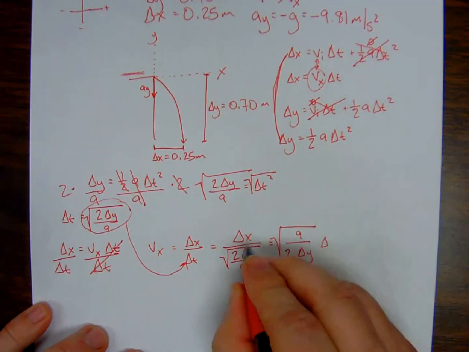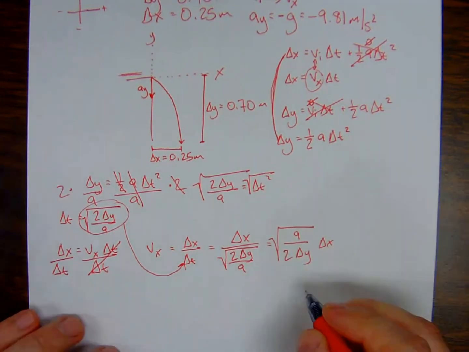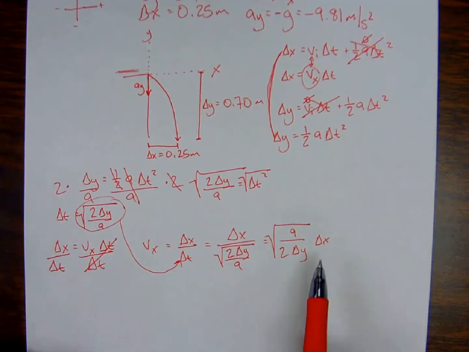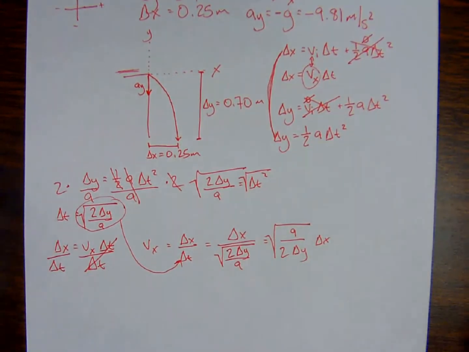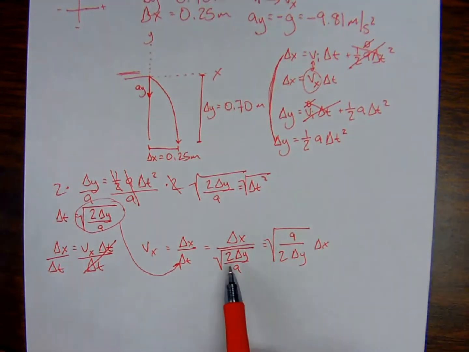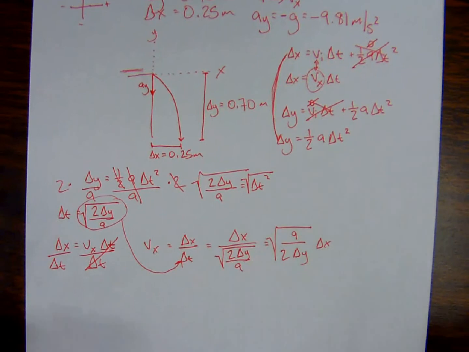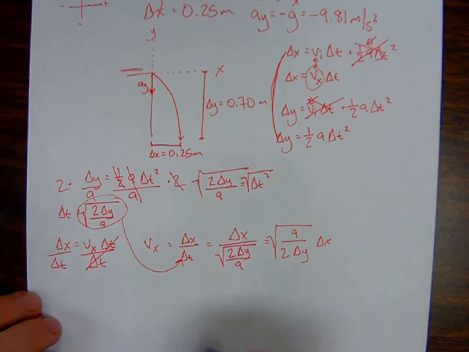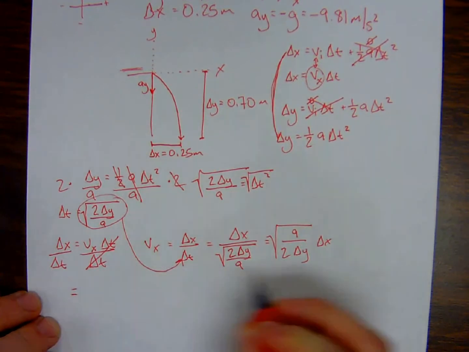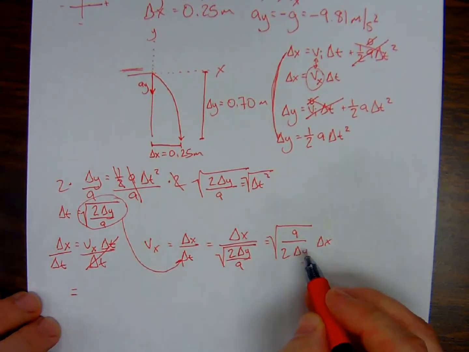Got my acceleration on top, divided by 2, and then my delta y from the question, 0.70 meters. That is still square rooted, don't forget about that. And I need to multiply by delta x, which again from the question is 0.25 meters.